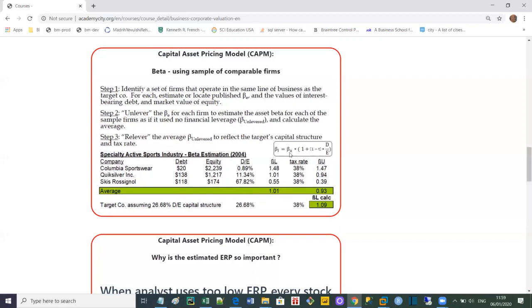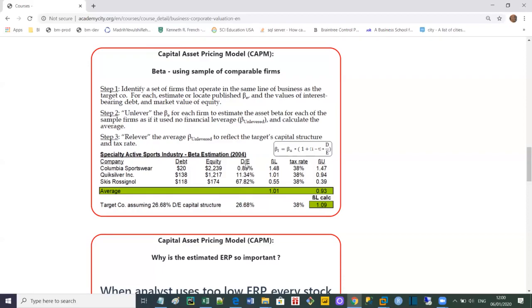So the process to arrive at the beta of my company is, first of all, to turn the leveraged beta of each comparable company into its unleveraged beta, using this equation. How do we do that? For every comparable company, we measure the debt and the equity. Then we know the ratio D over E for each one of them.